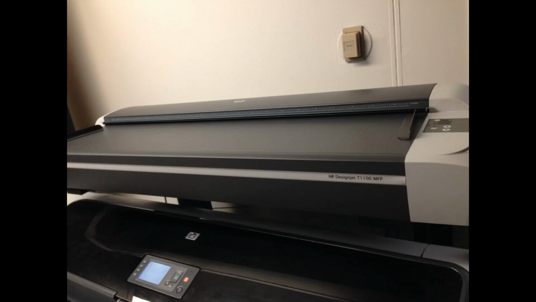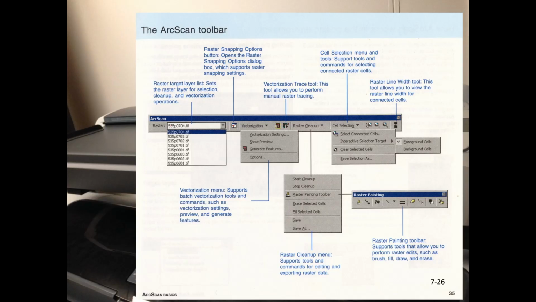In my previous lab, we used ArcScan to digitize the image. ArcScan has a toolbar that will help you meet your needs, depending on what kind of maps you want to produce and the resolution you want to choose.